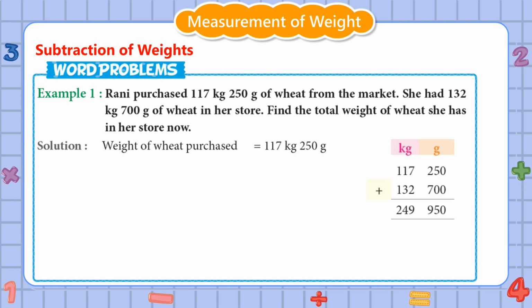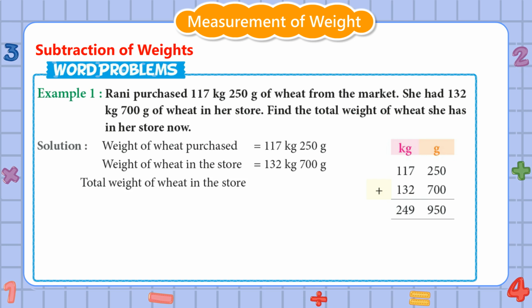Solution. Weight of wheat purchased is equal to 117 kilograms, 250 grams. Weight of wheat in the store is equal to 132 kilograms, 700 grams.